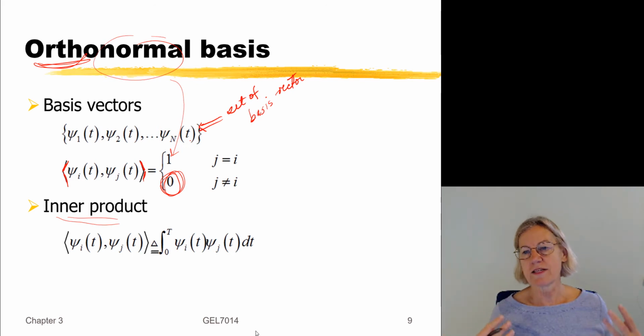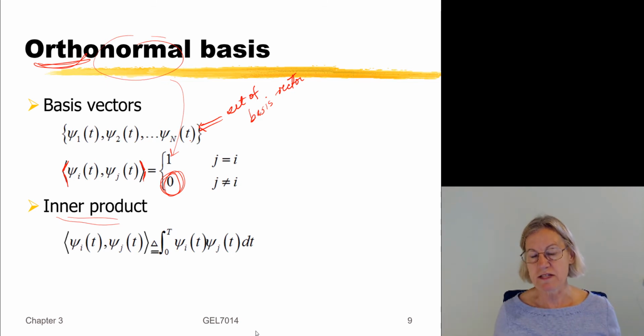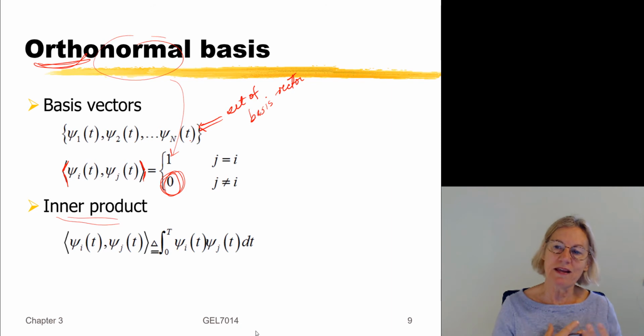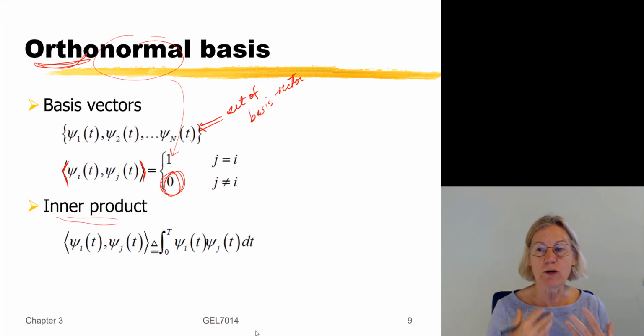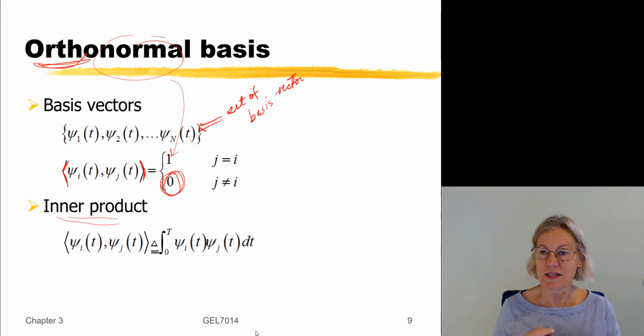So inner product is something that you learned in our geometric vector spaces. And now what does it mean when I talk about an inner product when I'm talking about functions of time? So I have to really define an inner product for this basis, for this vector space, which is a signal space. So this is the definition given for the inner product, and it's basically a correlation of 2 signals across the time of one symbol.